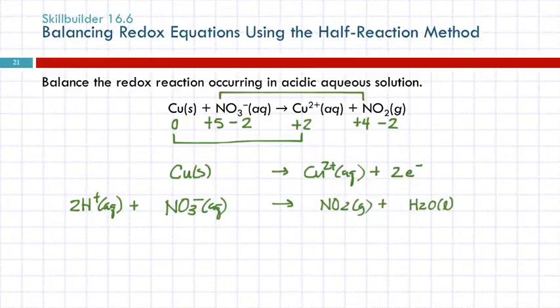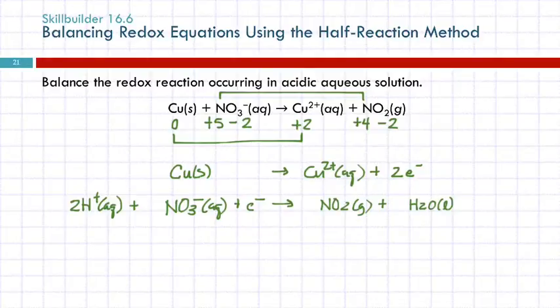That overall is a plus 1. And on the right side, I've got 0. So I need 1 electron over here. If you're doing this correctly, you're going to add electrons on the left of one equation and the right of the other equation. If you end up with them both on the same side, you're doing something wrong.